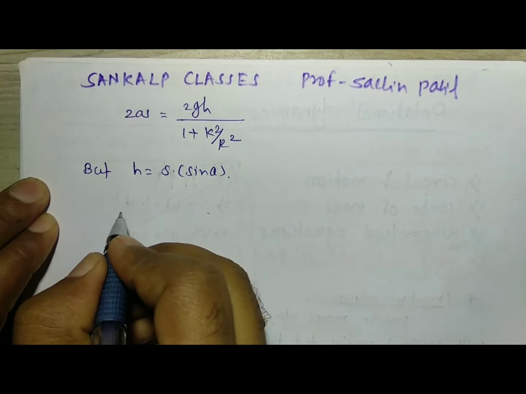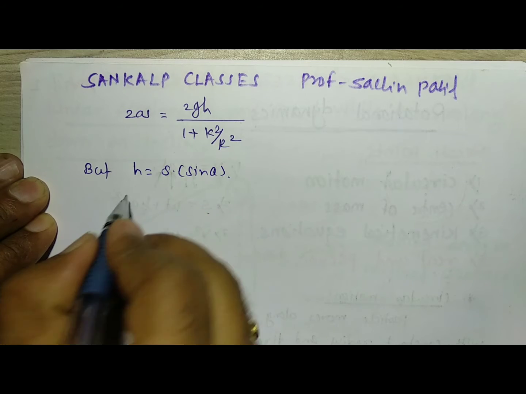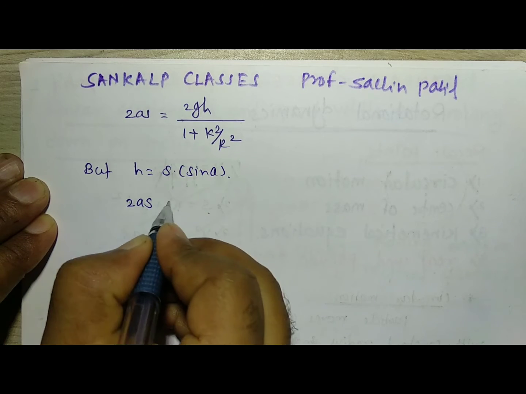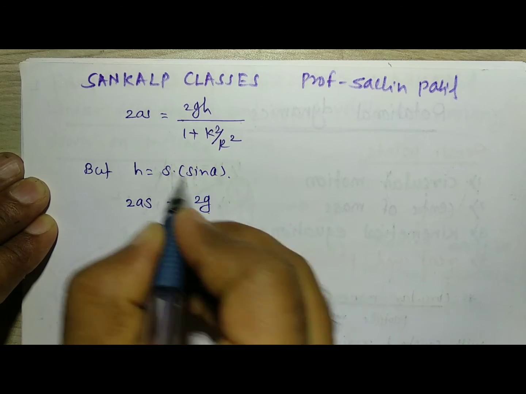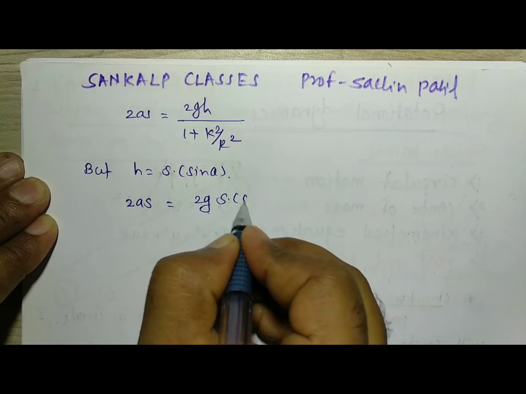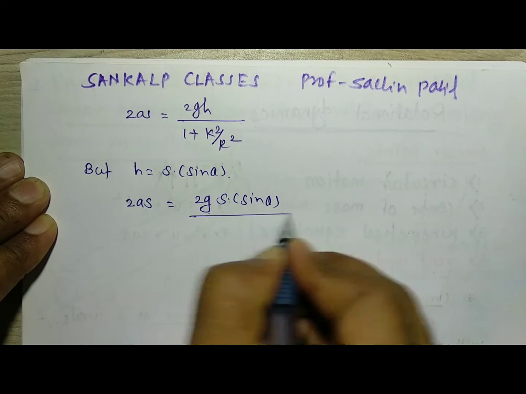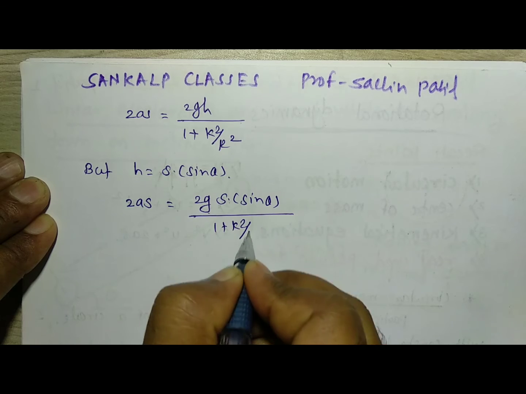Putting this value inside the equation, you will get 2as is equal to 2g, h is equal to s into sine theta, divided by 1 plus k square divided by r square.